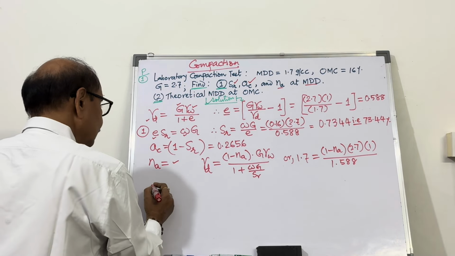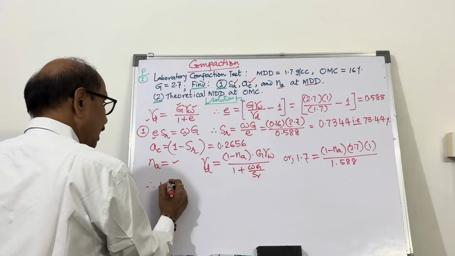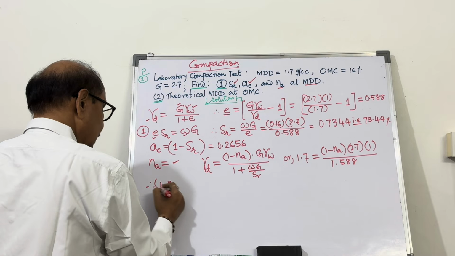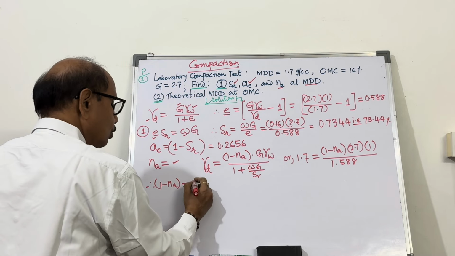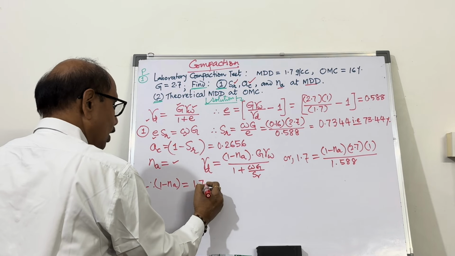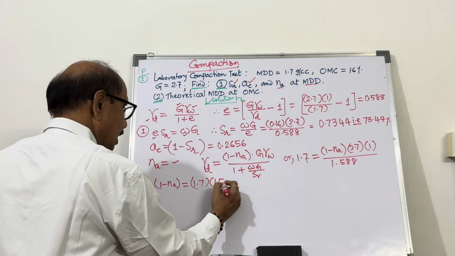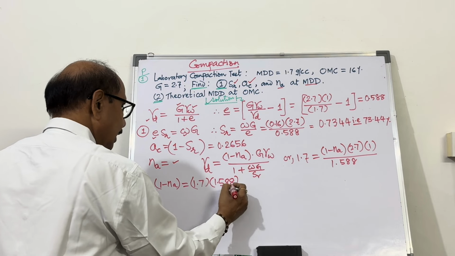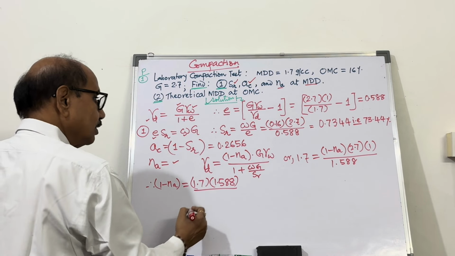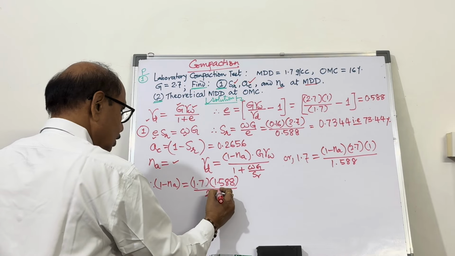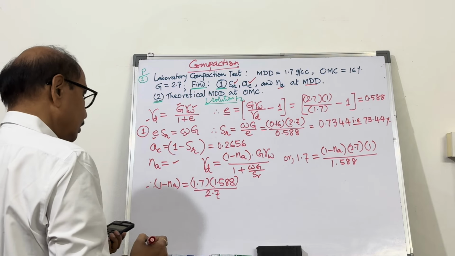Therefore, 1 minus Na equal to 1.7 into 1.588 divided by 2.7.